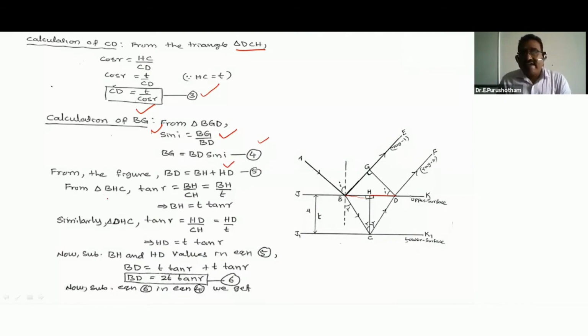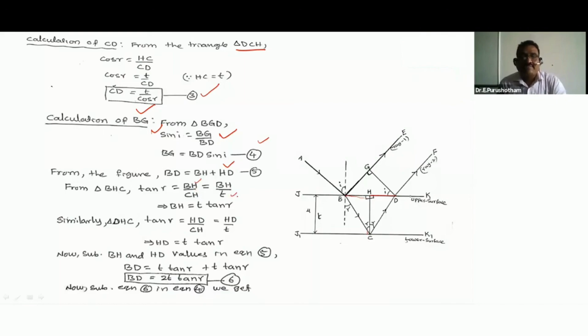From the triangle BHC, another triangle, I want to take tan R. Tan R is equal to opposite side by adjacent side, so BH by CH. What is CH?